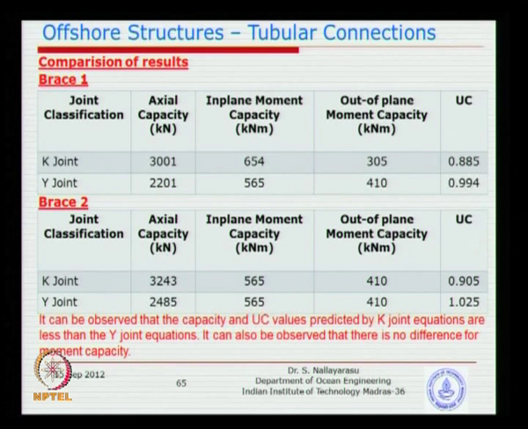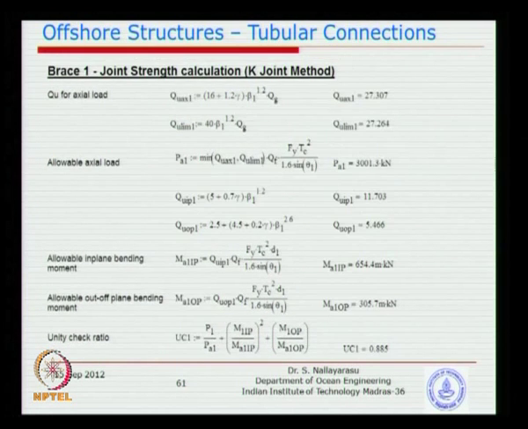If you do not classify the joint according to the loading, you will be using an incorrect calculation method. Similarly for brace 2, 0.9 becomes 1.0, just because of your method of calculation. So this example gives you an idea of how you do it.